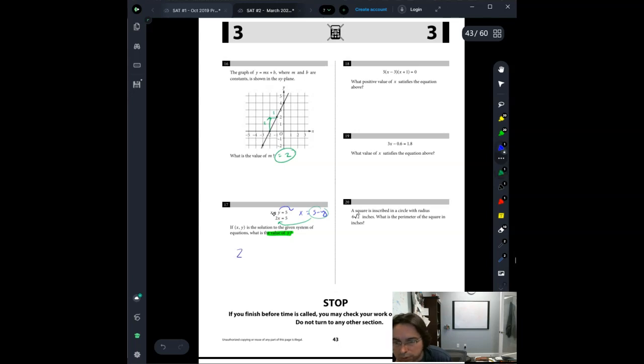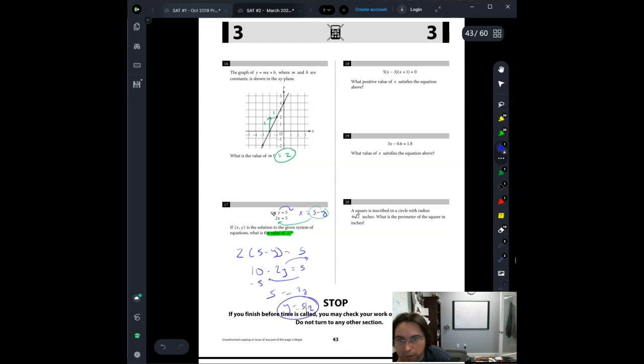And so now I'm going to have 2 times 5 minus Y equals 5. 10 minus 2Y equals 5. Move this over here, move that over there, so minus 5. So that's going to be 5 equals 2Y, or Y equals 5 halves.